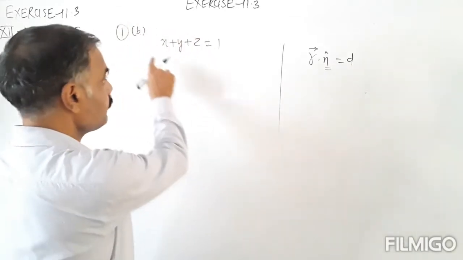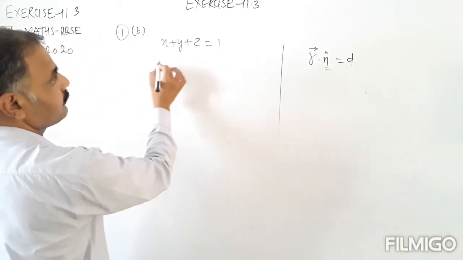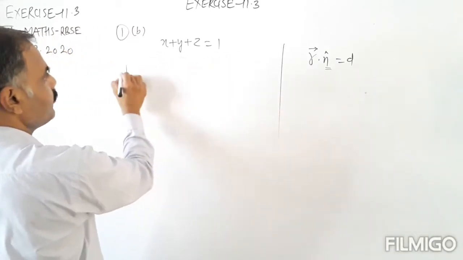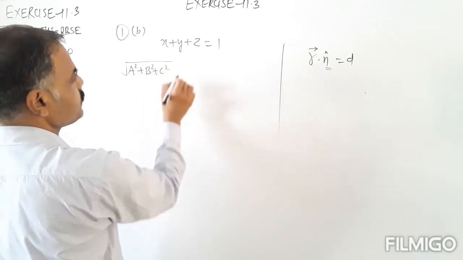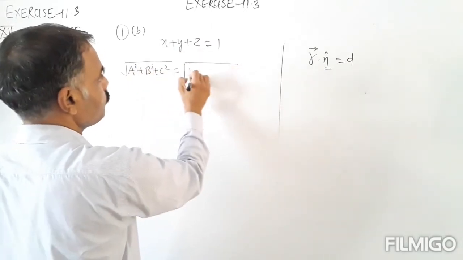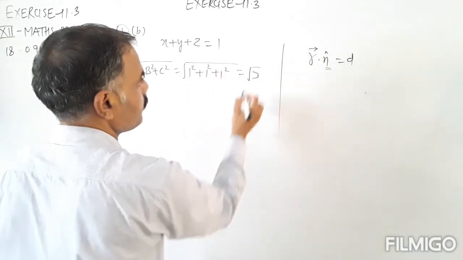Okay, n cap means unit vector and its components are the direction cosine of the plane. So to convert this in that form, we have to divide this equation by under root a square plus b square plus c square, that is under root 1 square plus 1 square plus 1 square equals to under root 3.